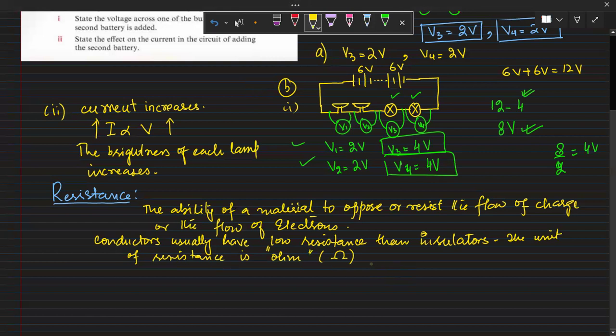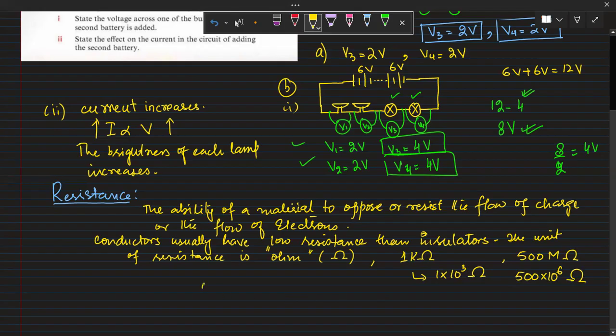We can write the resistance like 1 kilo ohm. This means 1 times 10 to the power 3 ohms. We can also write 500 mega ohms. This means 500 times 10 to the power 6 ohms.